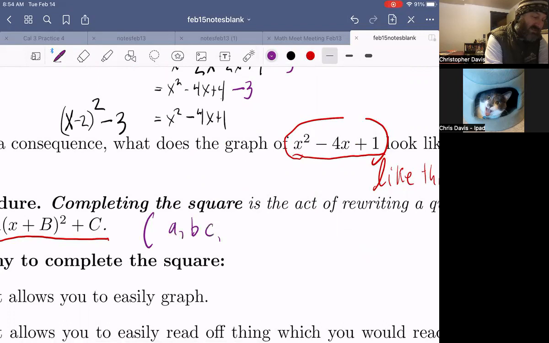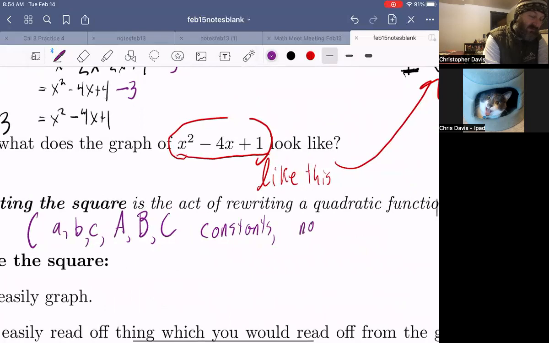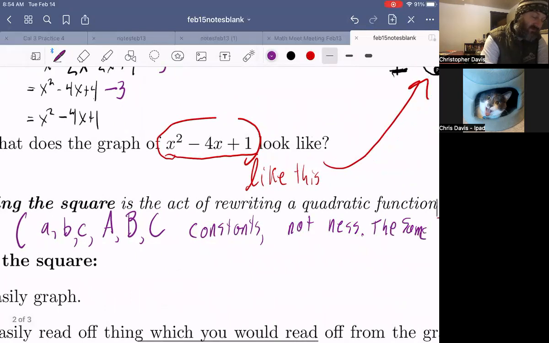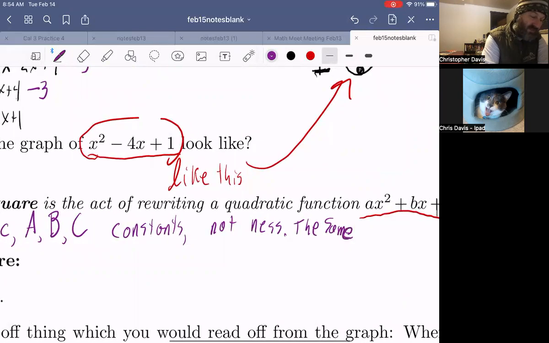Little a, b, c and capital A, B, C are constants, but not necessarily the same. So the little b is not supposed to be the same as big B. They're just different constants.